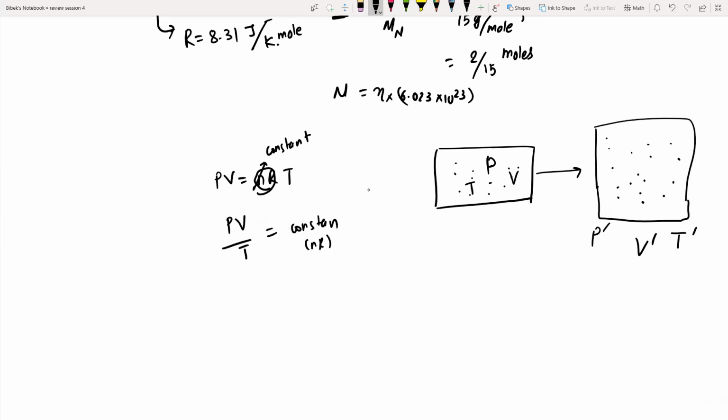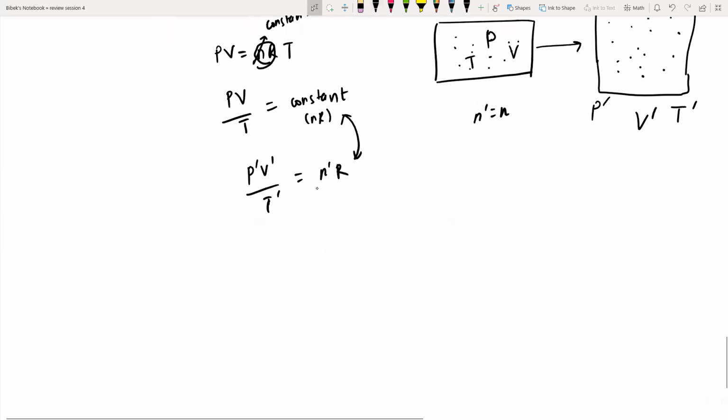Similarly, this is true for this box as well, where P prime V prime over T prime will be equal to n prime R, but n prime is equal to n, right? Because we are not adding any molecules. That means these two can be equated.